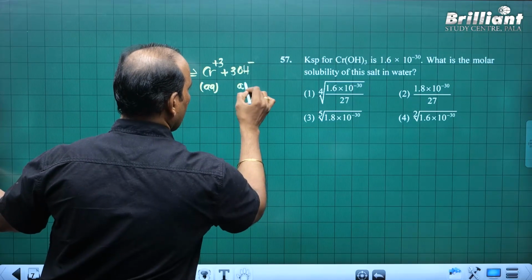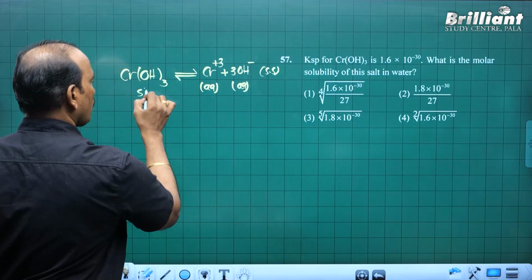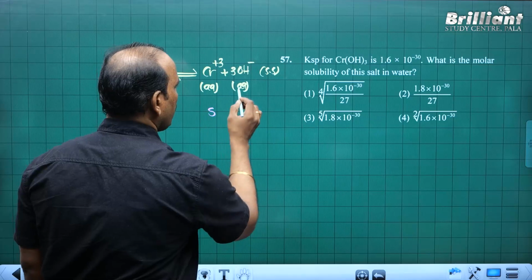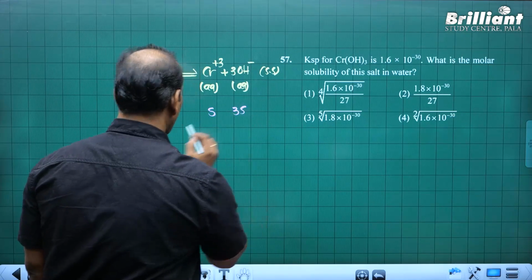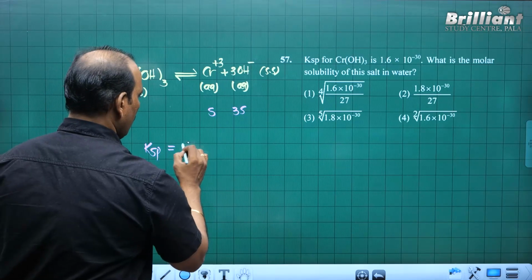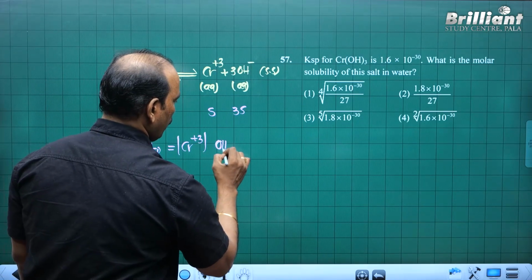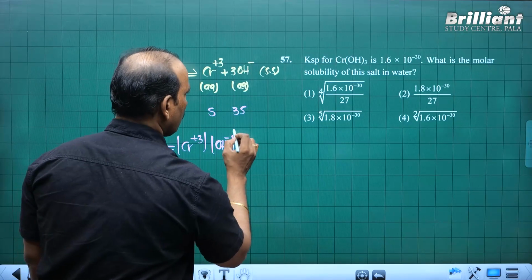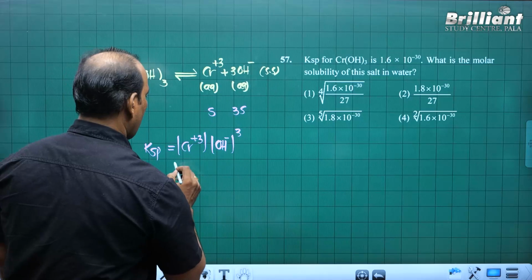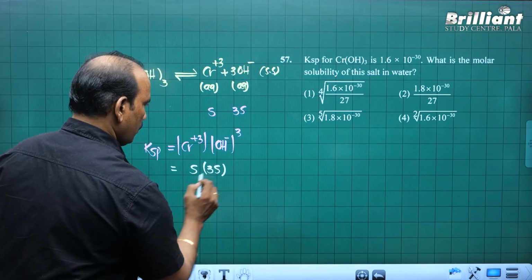This is a saturated solution. This is a solid. Now, this is S, solubility. This is 3S. Therefore, Ksp equals Cr +3 concentration into OH minus concentration whole cube. Here this is S, this is 3S whole cube.